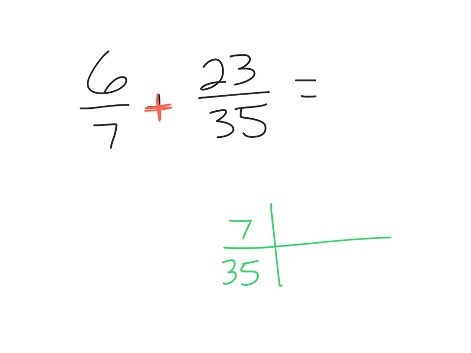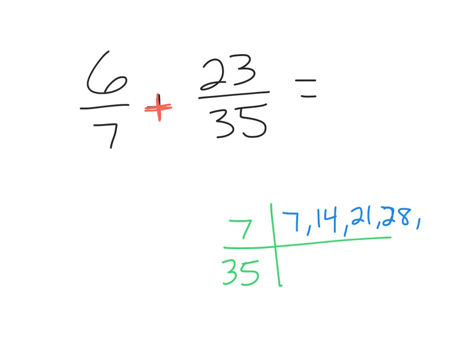So thinking about our 7s, and I'll do this real quickly. You won't have to do this every single time. You might, off the top of your head, already know what this is, but here's where this comes from. 7 times 1 is 7. 7 times 2 is 14. 7 times 3 is 21. 7 times 4 is, oh, that's a 7, 28.